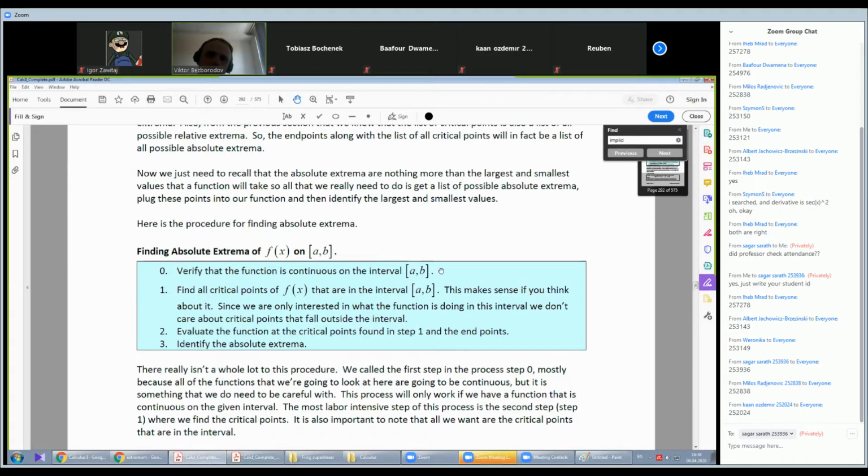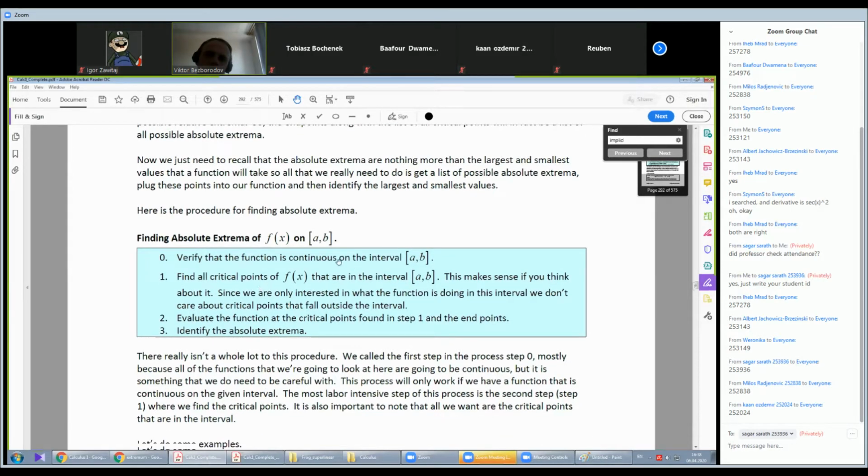Okay, this is, of course, only true for a continuous function. So the function must be continuous on the entire interval. So this is kind of step 0. Step 1 is to find all the critical points.